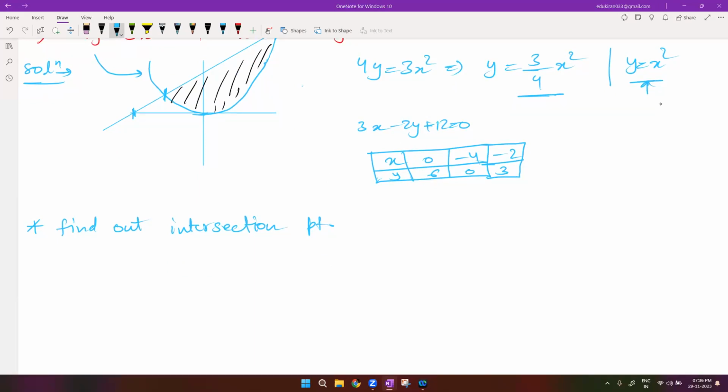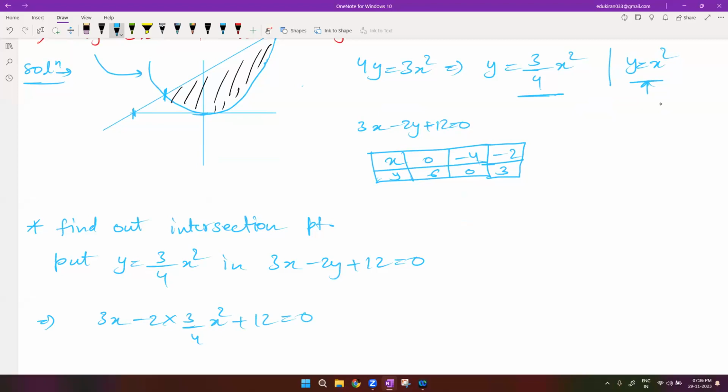So we can put y = 3/4 x² in this equation. So the equation will be 3x - 2 into 3/4 x² + 12 = 0. So I'm solving this.